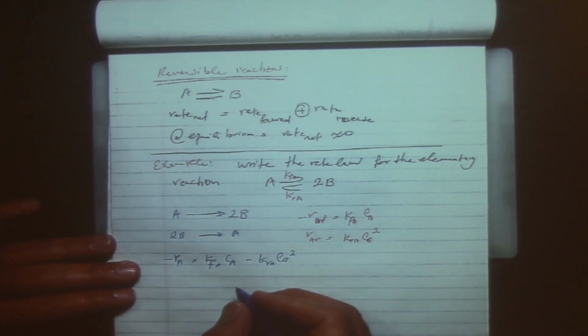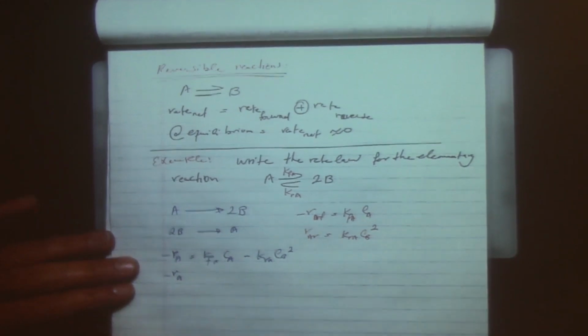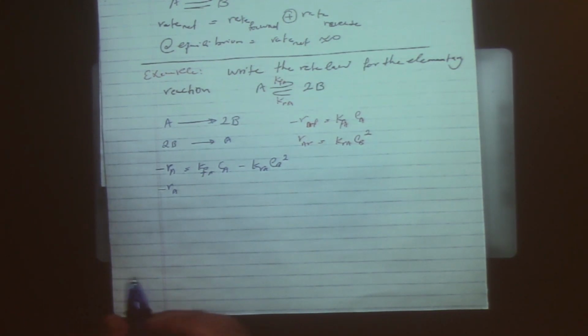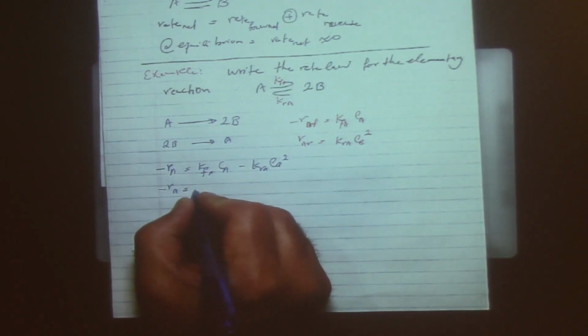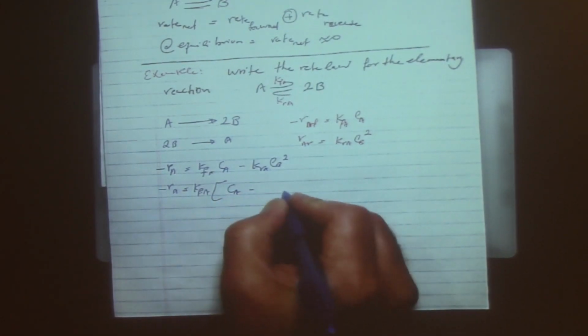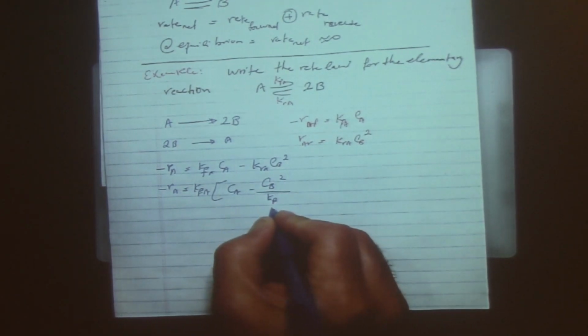If you factor out K forward, minus r_A is K forward A times (C_A minus C_B squared times K_RA over K_FA).